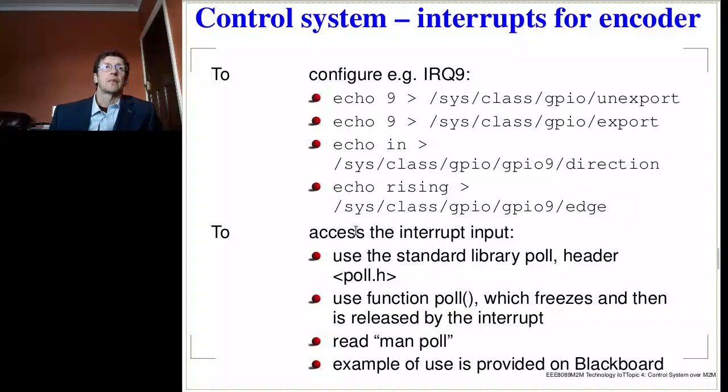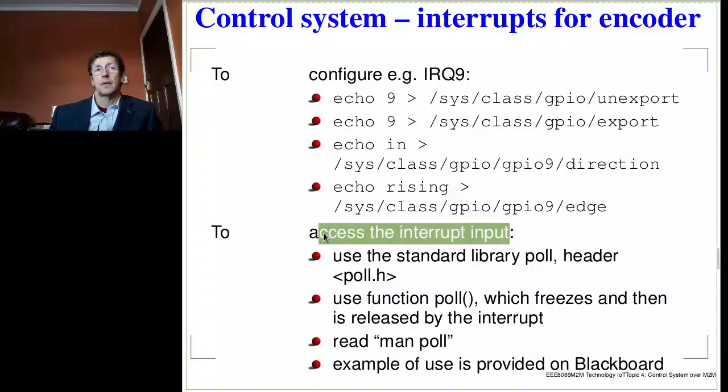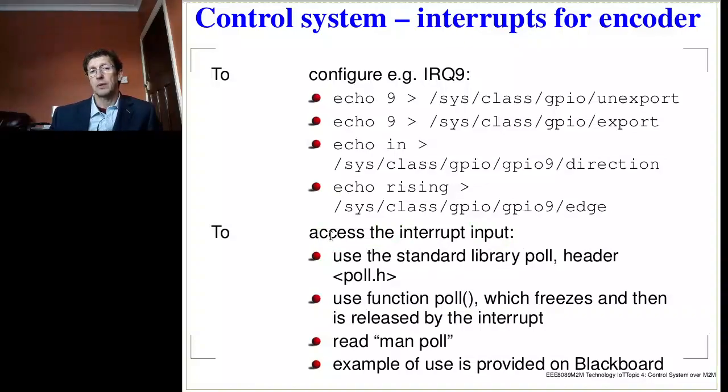All right. After that, we can access the interrupt input. How? We will be accessing it from our program. The program is written in C, so in our program we will have to include the library poll.h, and we'll be using the function called poll in order to respond to those interrupts.